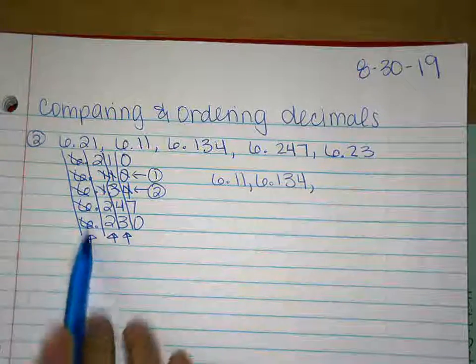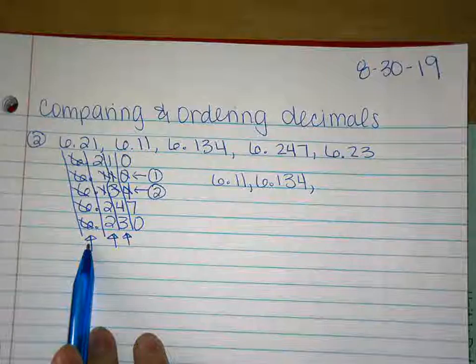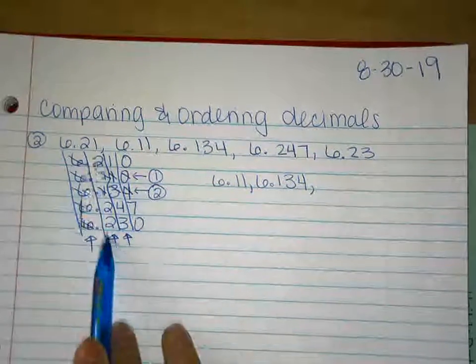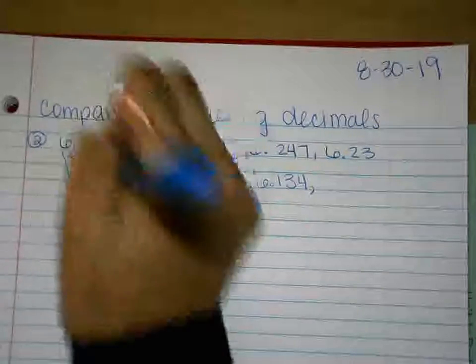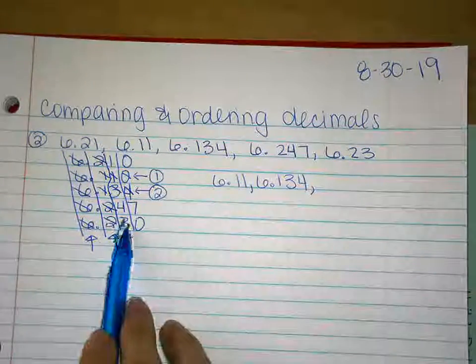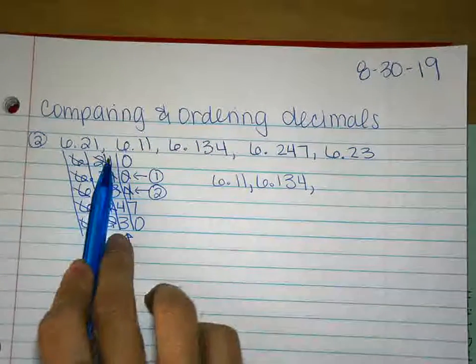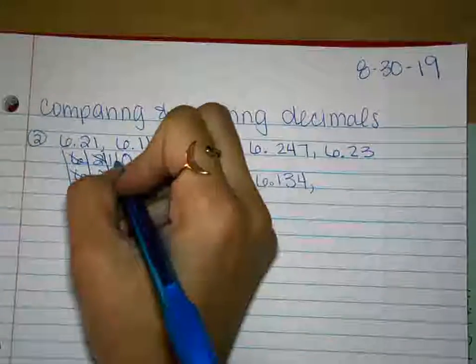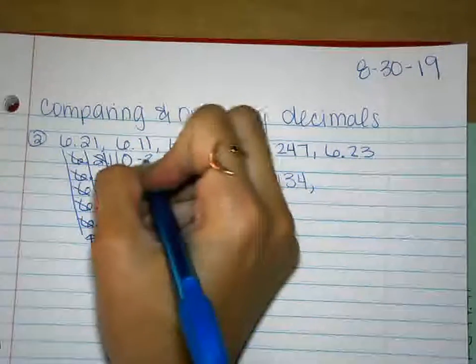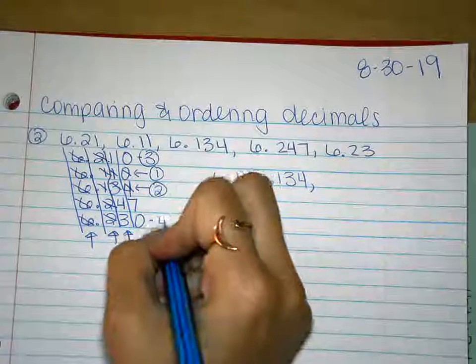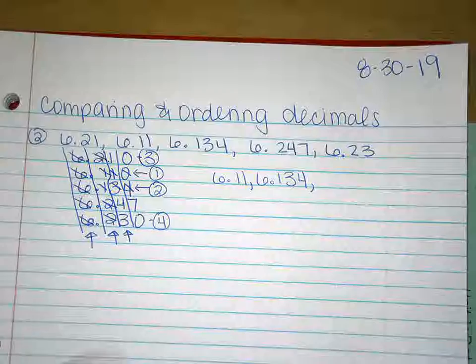I'm good to go with them. I'm going to go back to the beginning. We already crossed off all our 6's. Can't do anything. Go to the tenths column. I have 2's. Well, can't really do anything. They're all the same, so I'm going to cross them out. Go to my hundredths column. I have a 3, a 4, and a 1. I need to pick the smallest number. Well, the smallest number is a 1, so that is my third number. My next smallest number is a 3, so that is my fourth number.